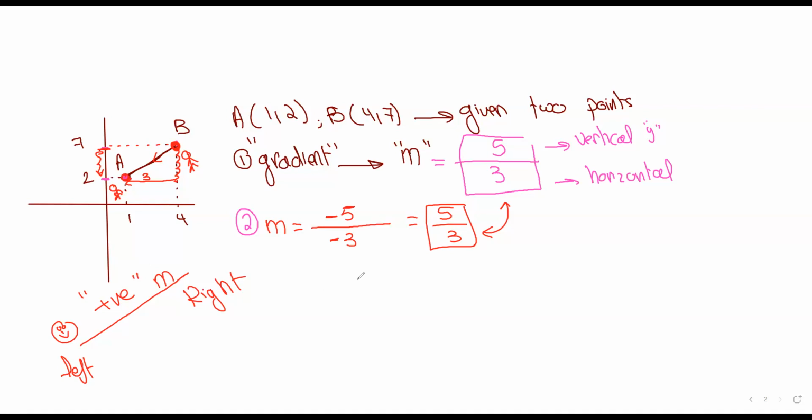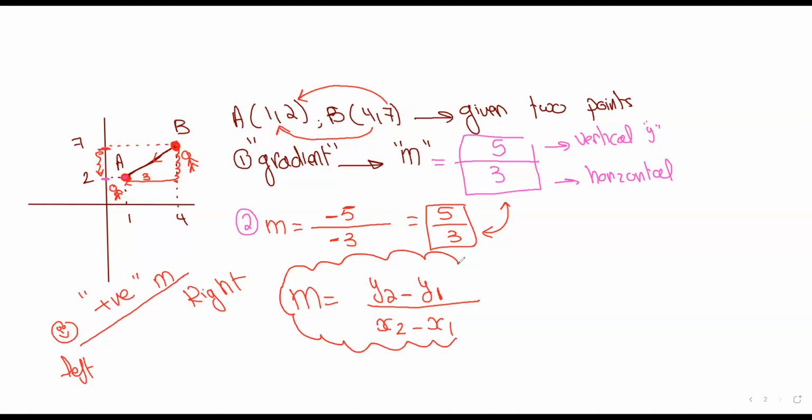Let's go to the notes and see the rule. Actually, before we go to the notes, let's introduce the rule of the gradient. The rule of the gradient is simply the y coordinates subtracted from one another, over the x coordinates subtracted from one another.